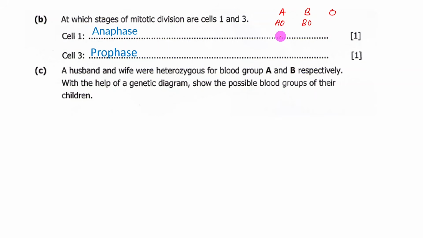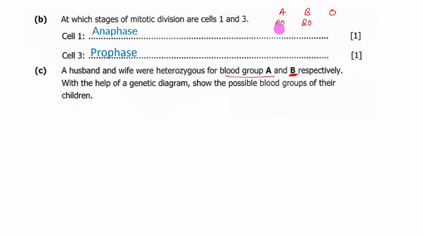So in this case, for the father to have blood group A, it means A is always dominant over O. And for the mother to have blood group B, it means that B is always dominant over the O allele.